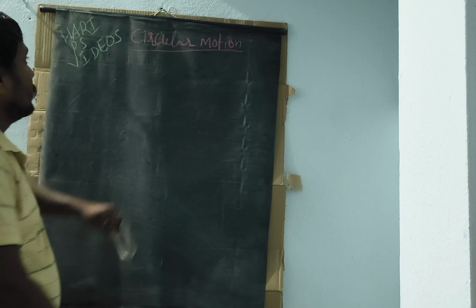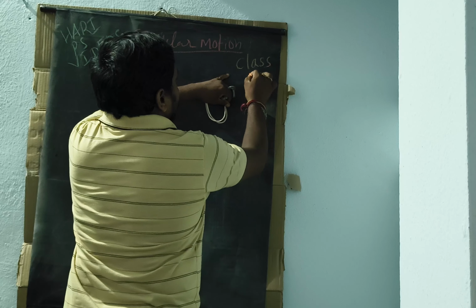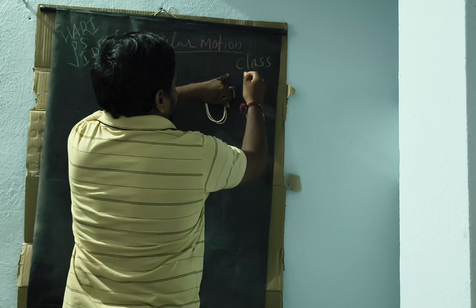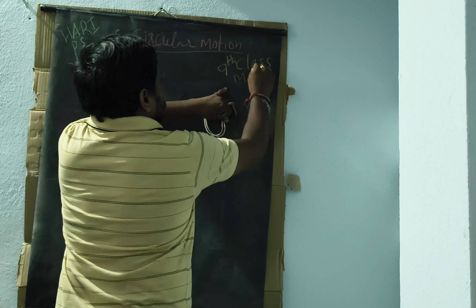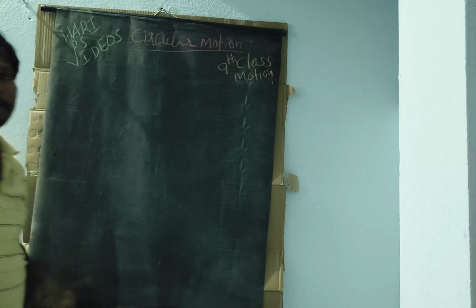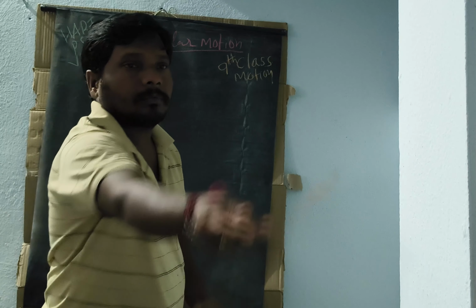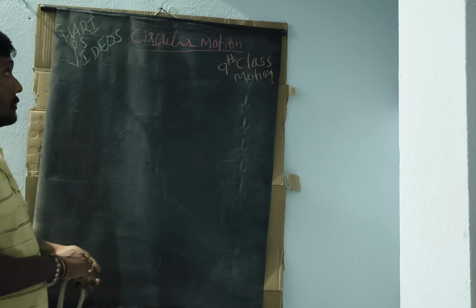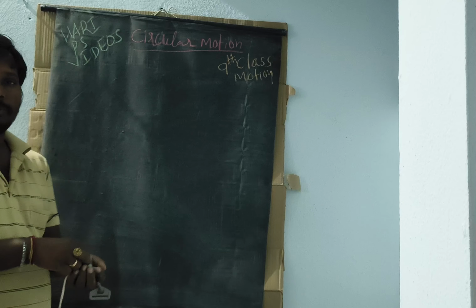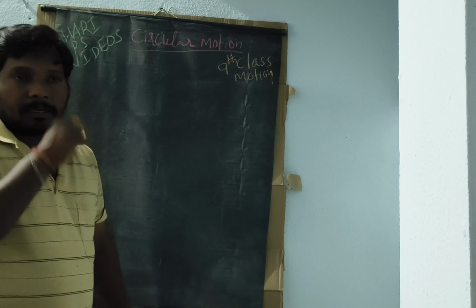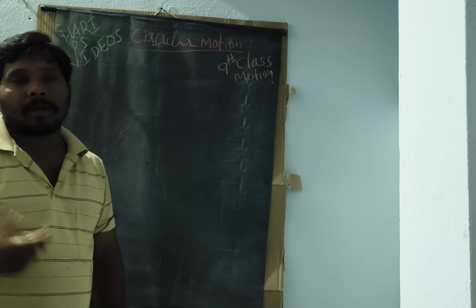Right, so let us discuss a concept from class 9 motion. One of the concepts is circular motion. We know different types of motion: rectilinear motion, curvilinear motion, rotatory motion, acceleratory motion, vibratory motion.